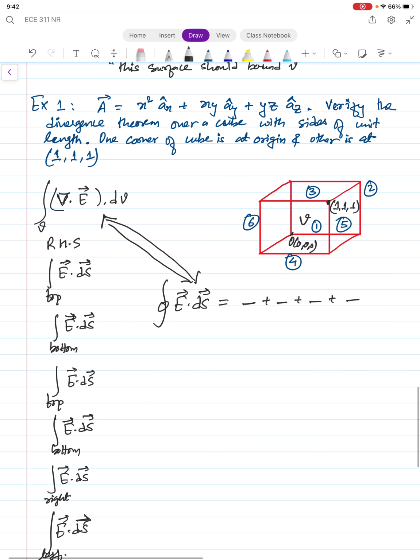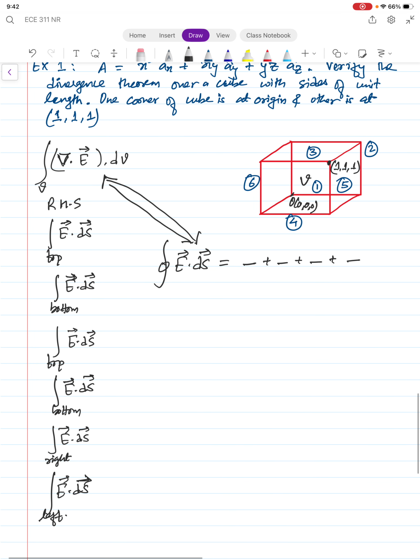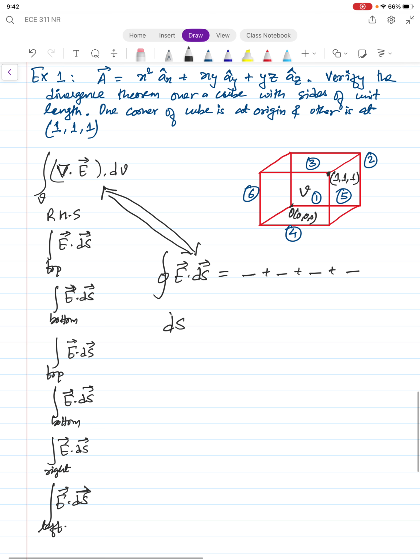And one more thing to remind you, this ds over here is a vector differential surface. In other words, that is ds times an, where an is called the unit normal vector.